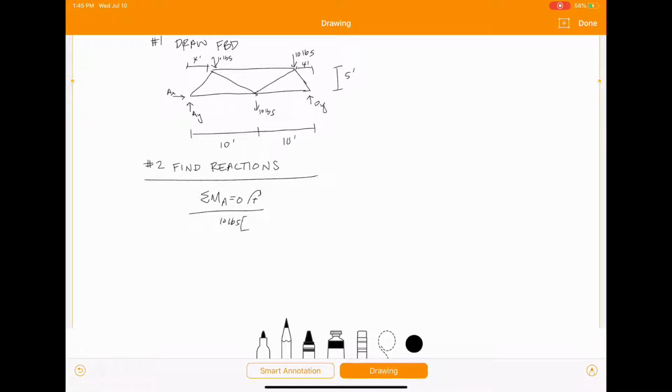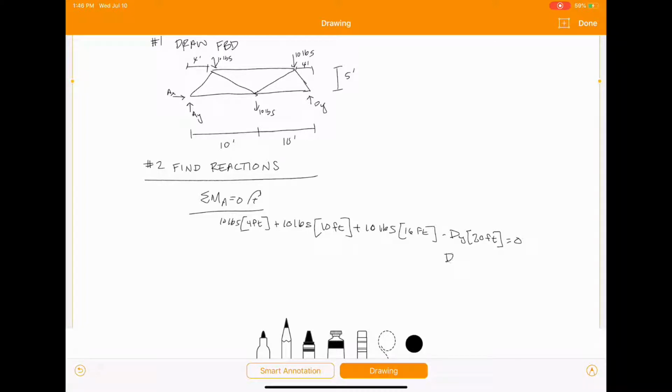Okay, so 10 pounds times 4 feet, and that's going to be positive, and then we've got another positive 10 pounds times 10 feet, and another 10 pounds times 20 minus 4, which is going to be 16 feet, and then minus Dy times 20 feet equals 0.